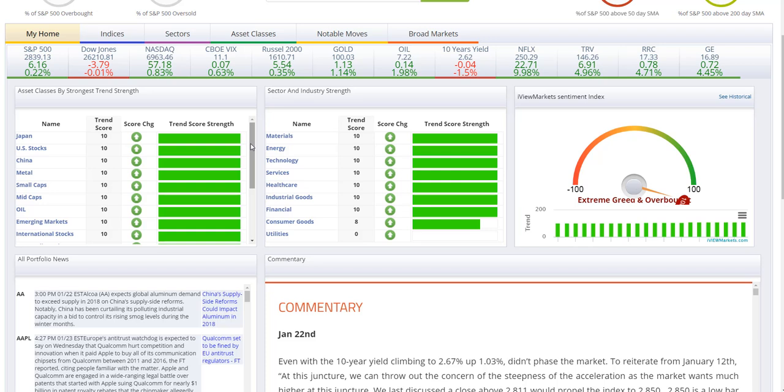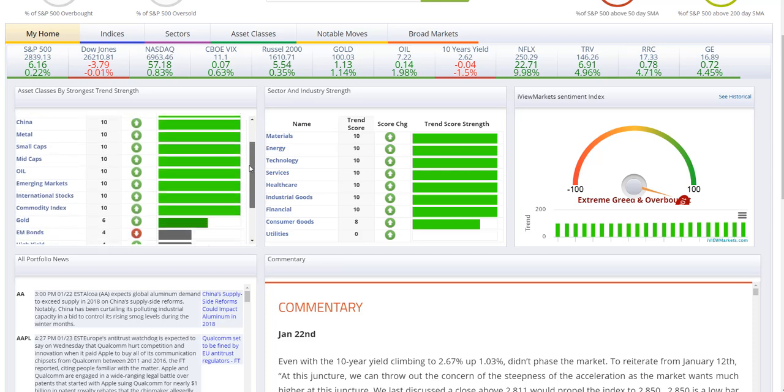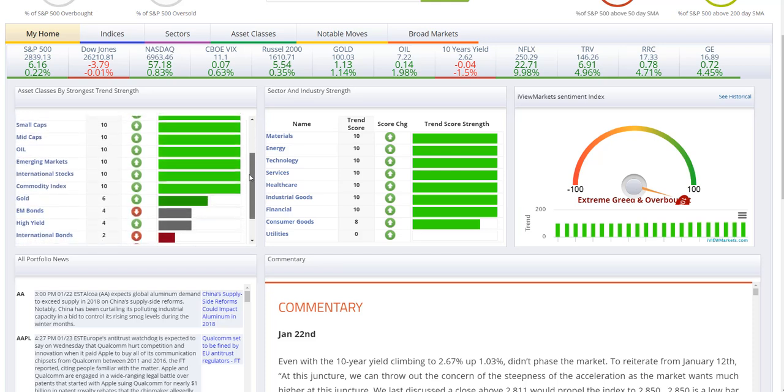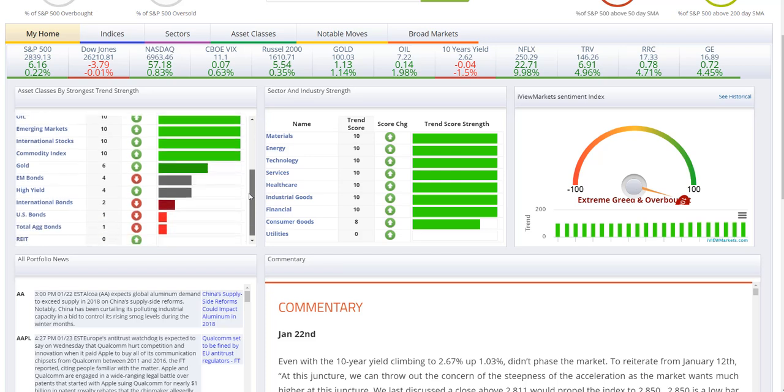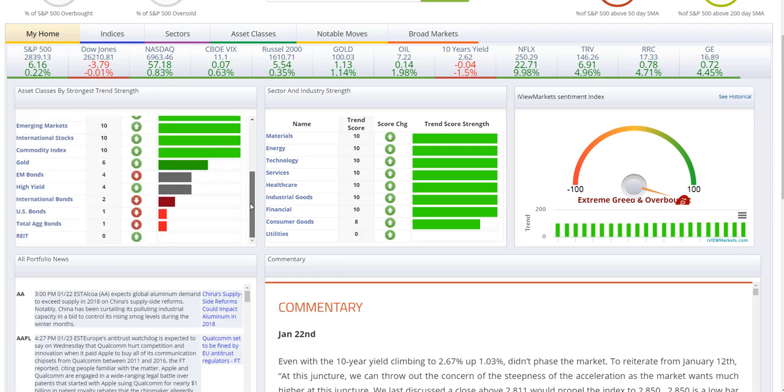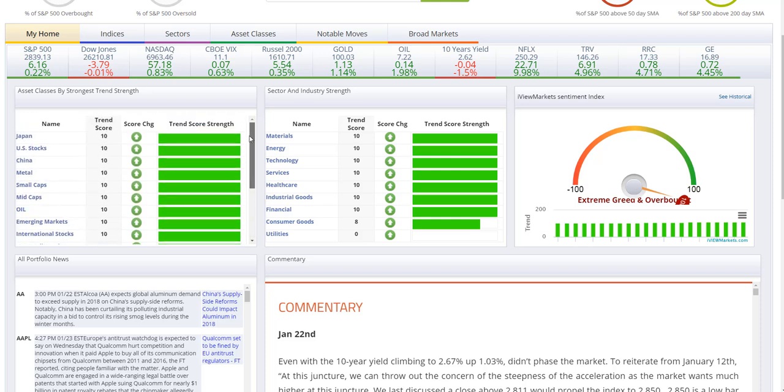So what we have here is international markets, Europe, Asia, emerging markets, small caps, mid caps, commodities, gold, high yield, emerging market bond yields, U.S. bond yields, and international bonds as well.